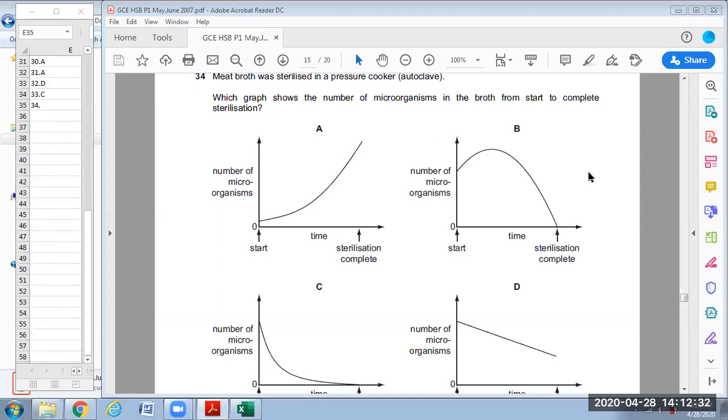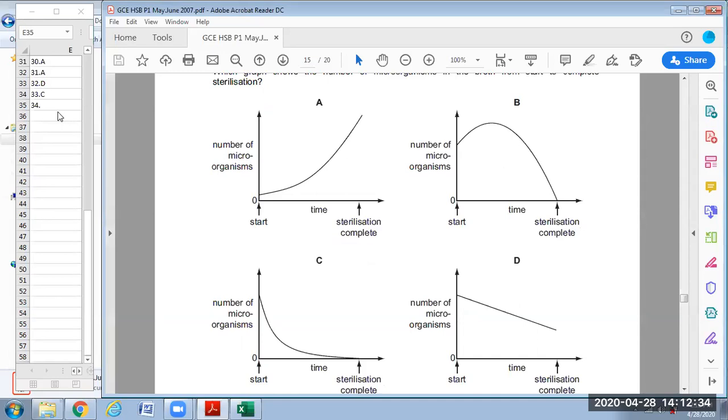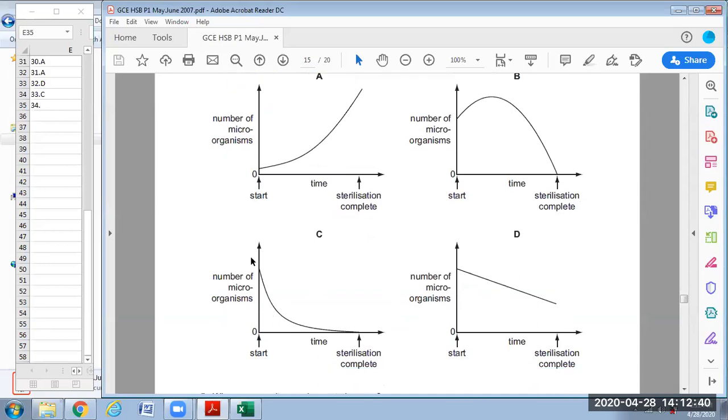So the best answer is C. Yes, C is the better answer. It's not supposed to increase and then decrease. It's supposed to just drop one time, slowly. C.